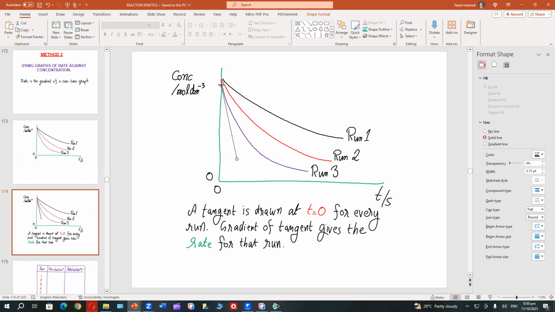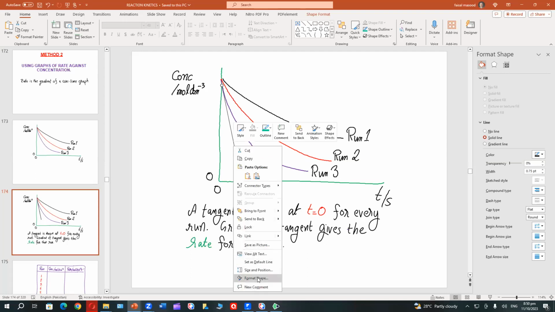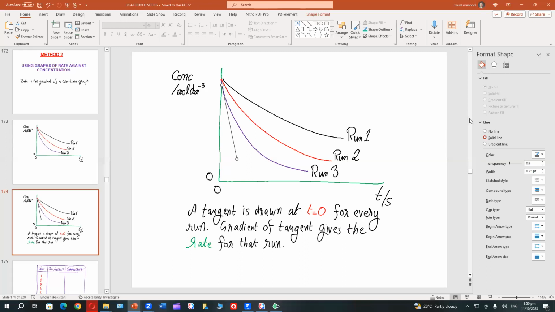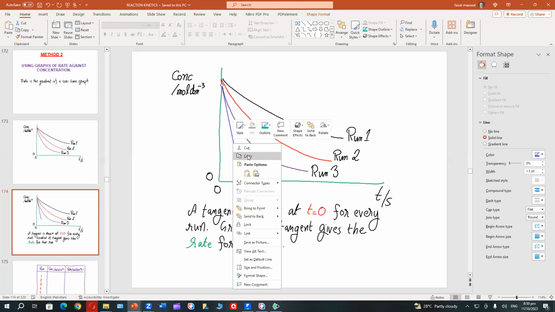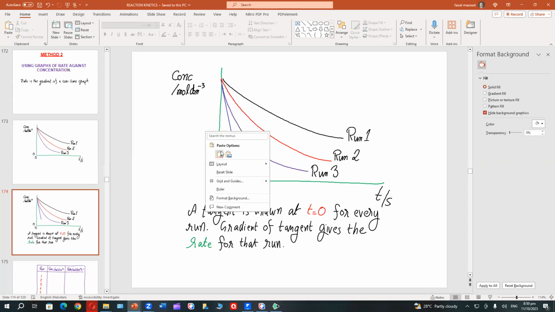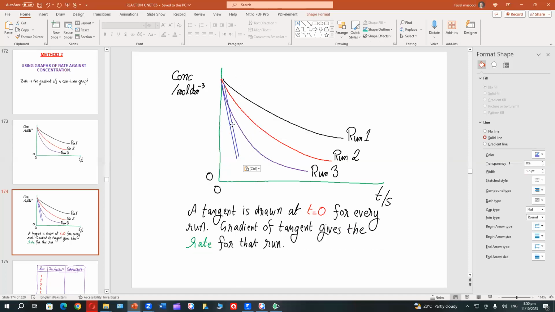So this is how we will draw a tangent. A tangent should always be touching at one point on the graph. And this is always the challenge in a real paper. I have drawn one tangent. So now you have to draw with me. Okay.